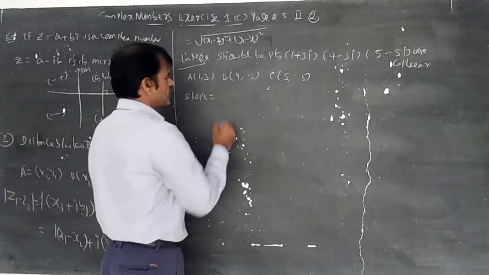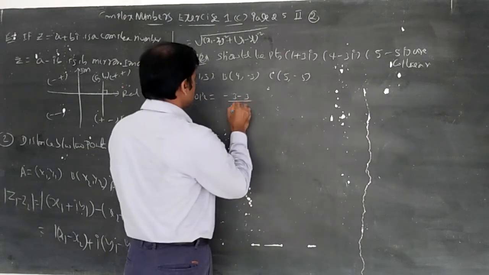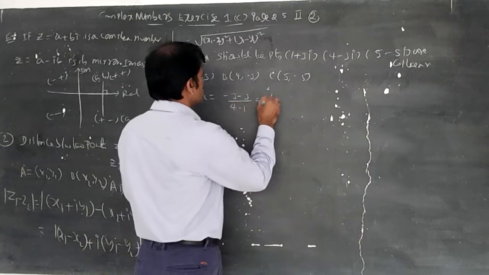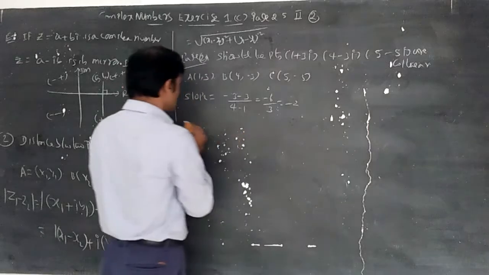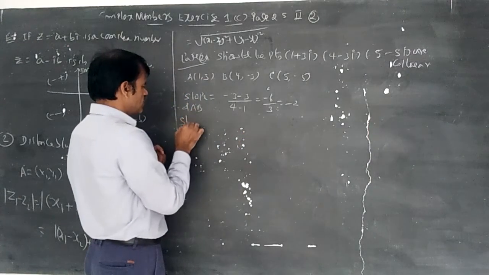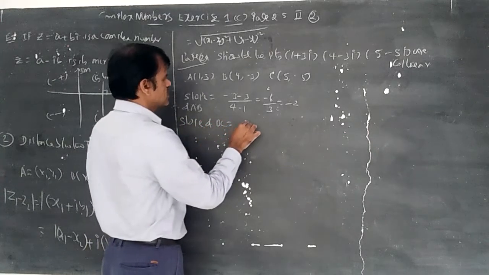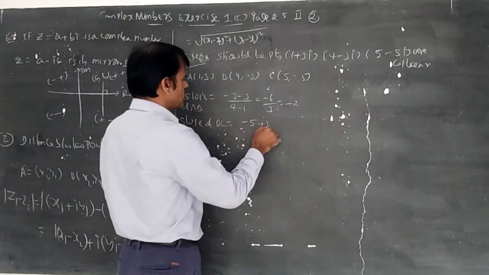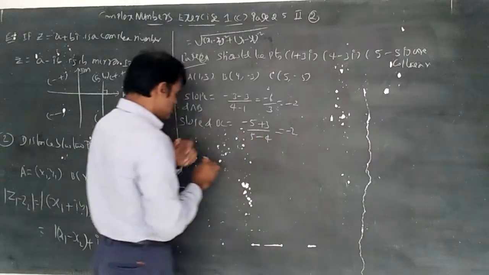Now slope of AB I am writing. Slope formula, y2 minus y1 by x2 minus x1, directly you can write here: minus 3 by 4 minus 1, so minus 6 by 3, that is equal to minus 2. Slope of BC is equal to minus 5 plus 3 by 5 minus 4, that is equal to minus 2.